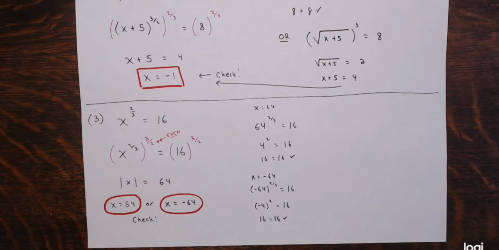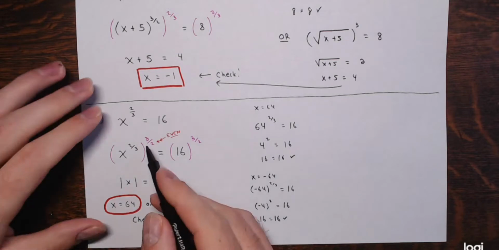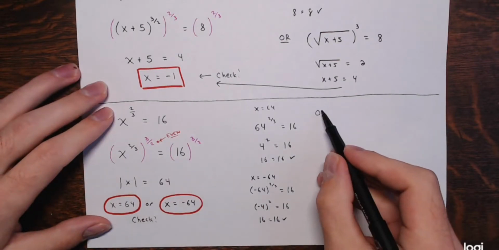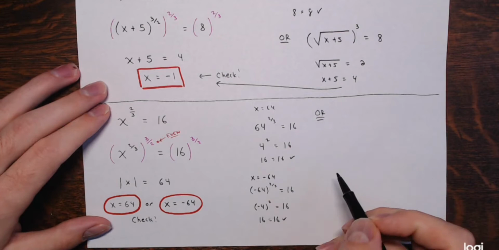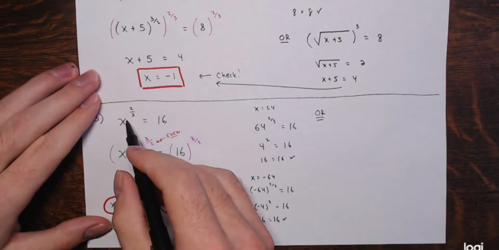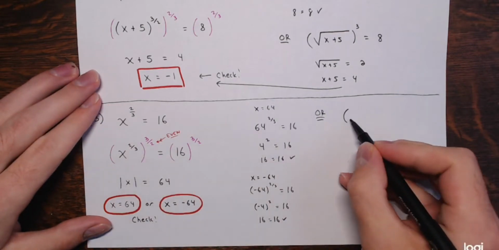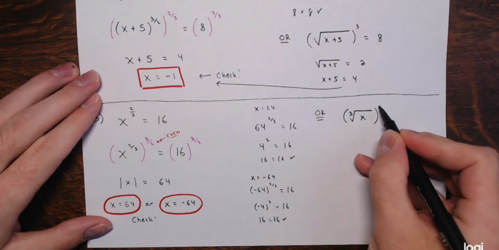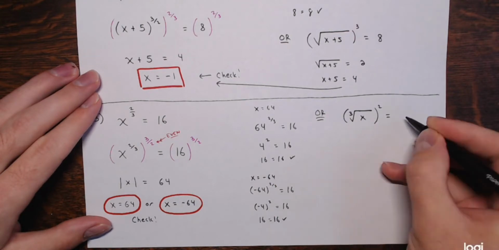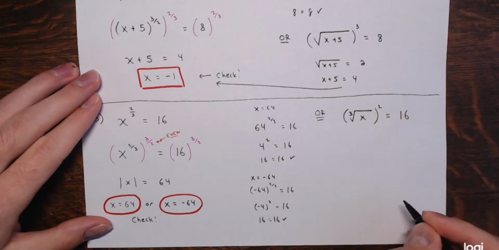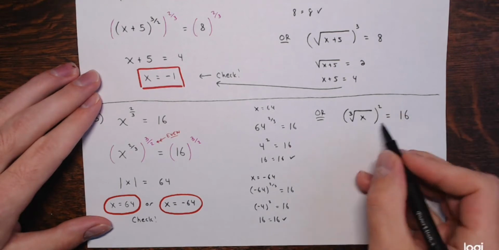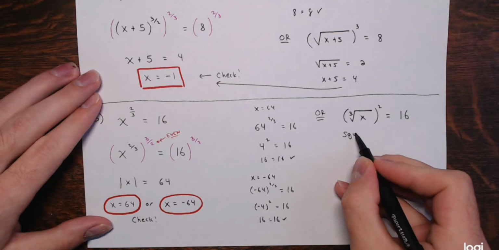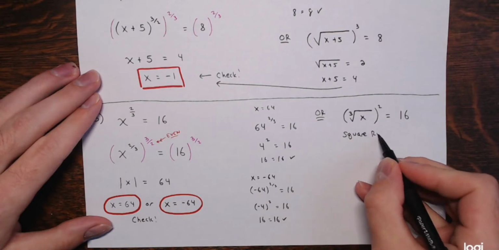Now, if you don't like remembering that, you could always do it this way as well. This is the same, x to the 2/3 is the same as the cube root of x squared, right? And then we have equals 16. And then you could apply that square root property. Right? We've seen this with quadratic equations.